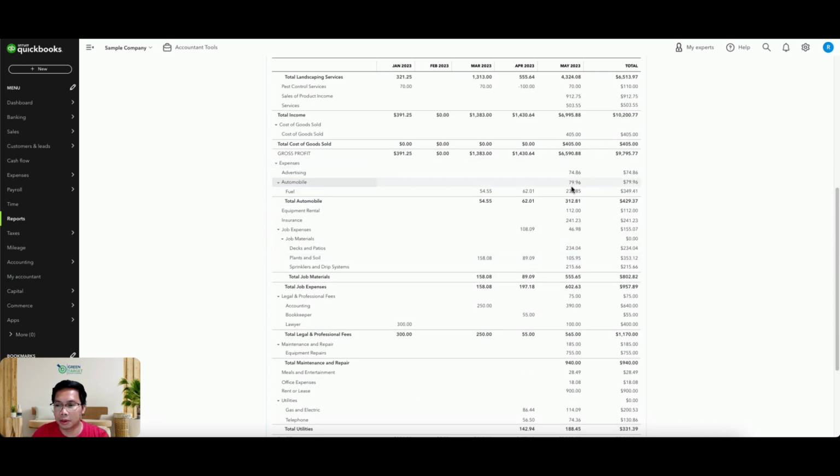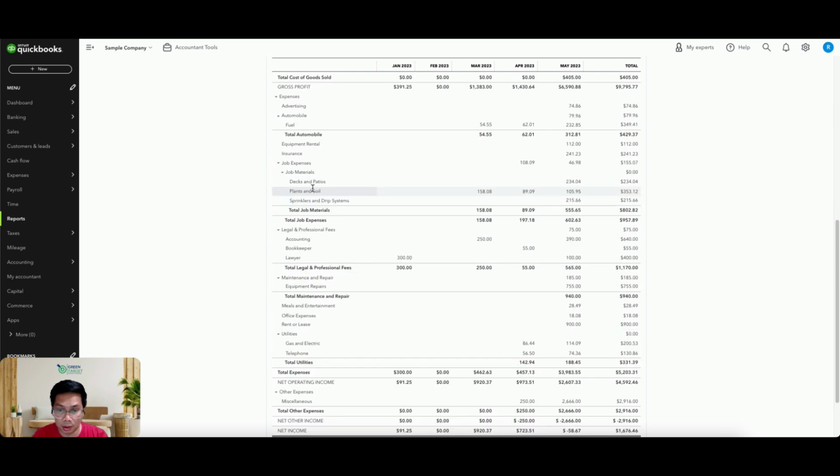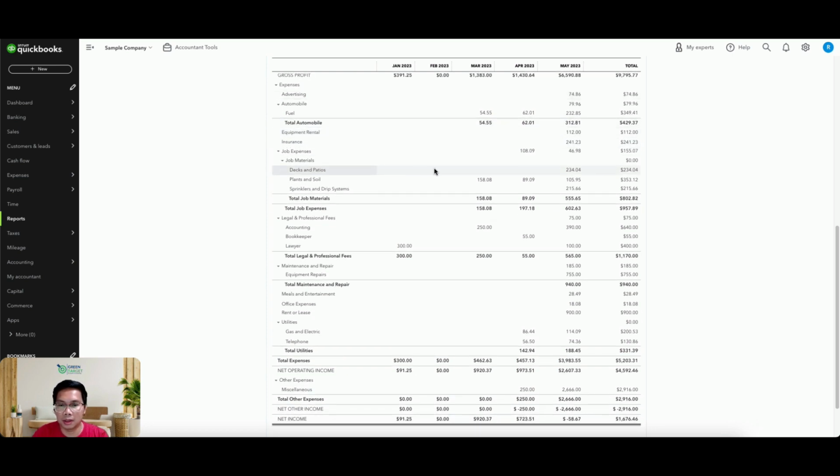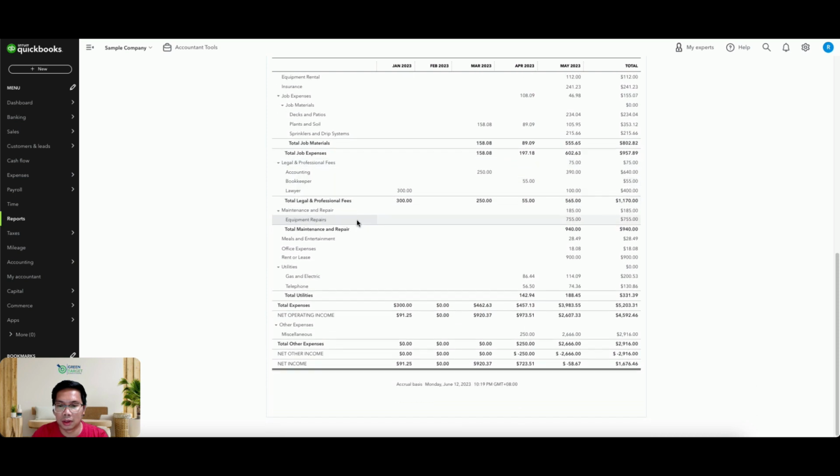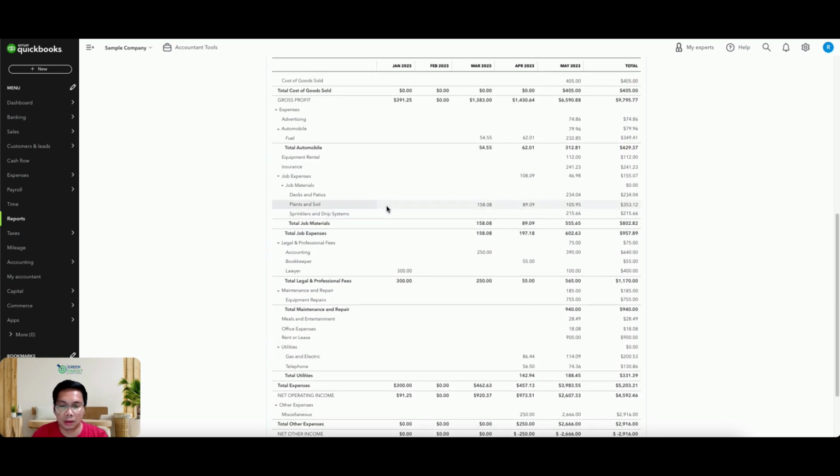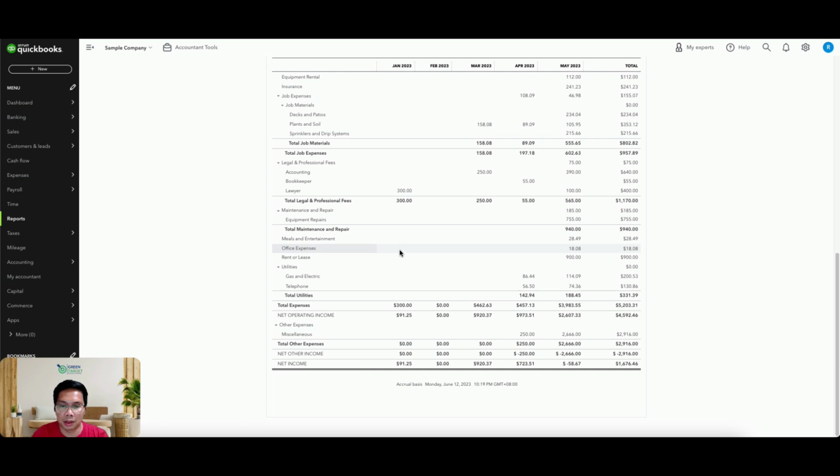And here come the operating expenses. Usually the most number of accounts here are the operating expenses. So you will have advertising, legal fees, maintenance, office expenses, rent, utilities, travel, etc. Deducting operating expenses from your gross profit results in net operating income.